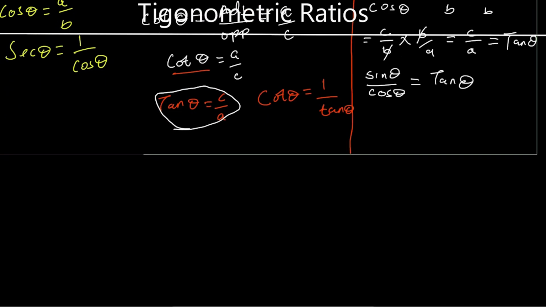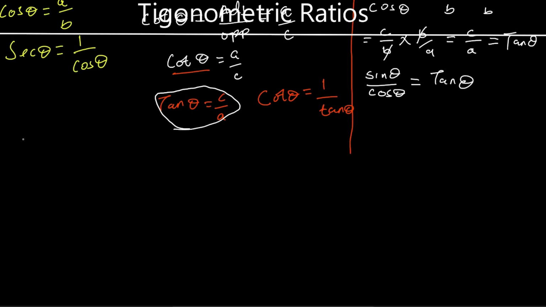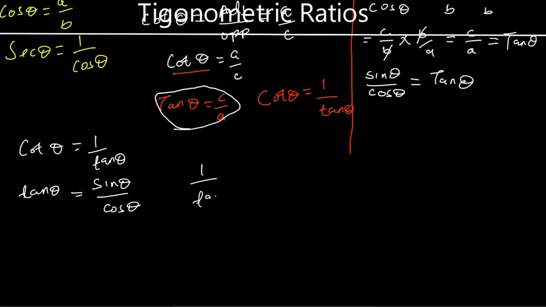And because we had also said that cot theta is equal to 1 divided by tan theta, and tan theta is equal to sine theta divided by cos theta, we can now say that 1 divided by tan theta will also be the reciprocal of sine theta divided by cos theta, which will now be cos theta divided by sine theta.